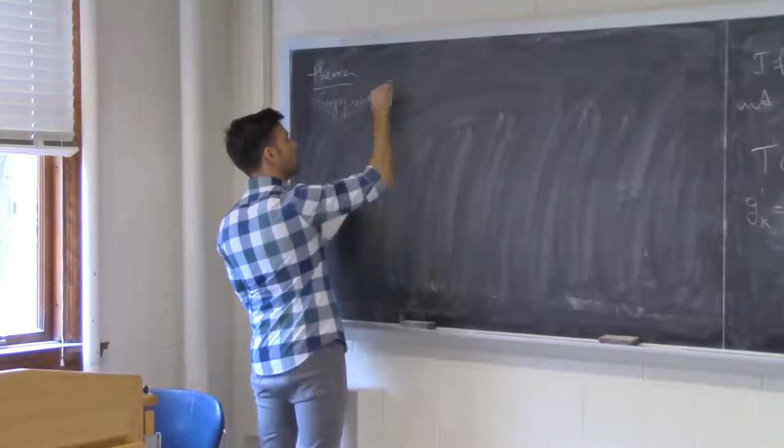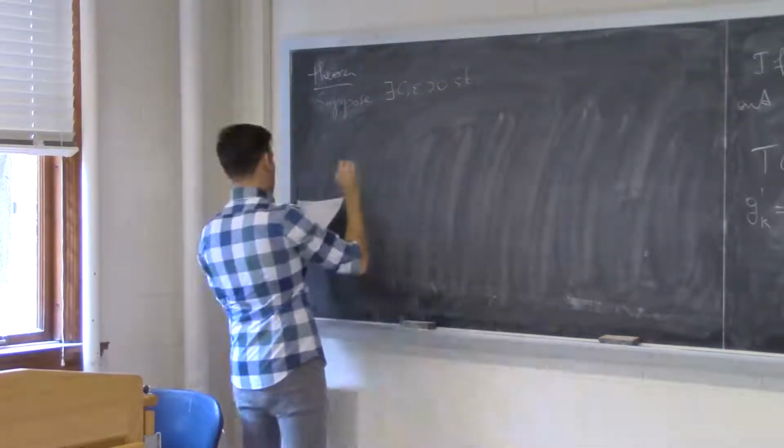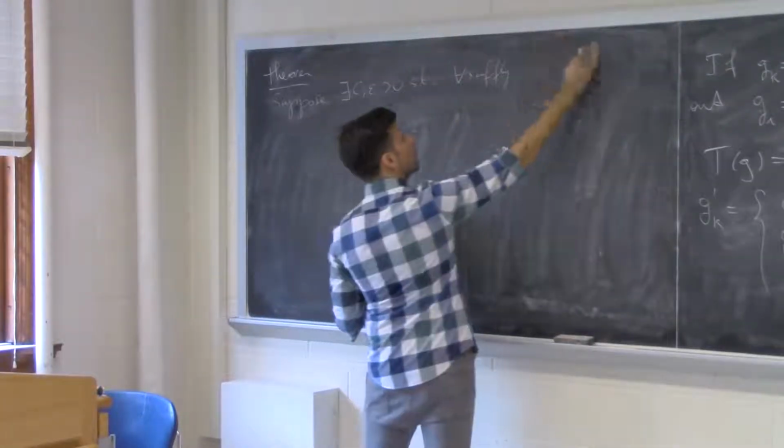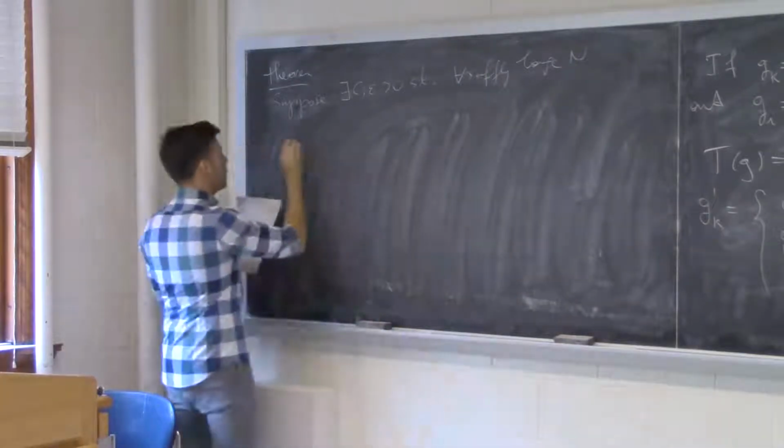Suppose there exist two positive constants C and epsilon, such that for all sufficiently large n, you have the following inequality.